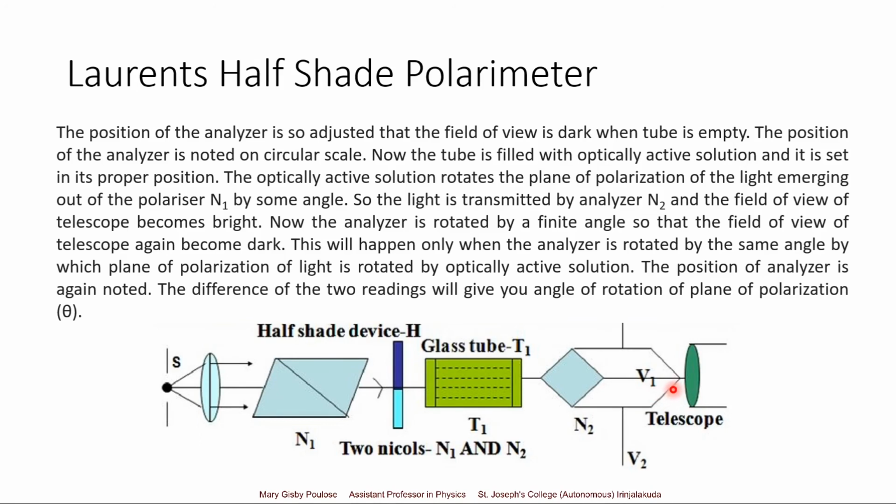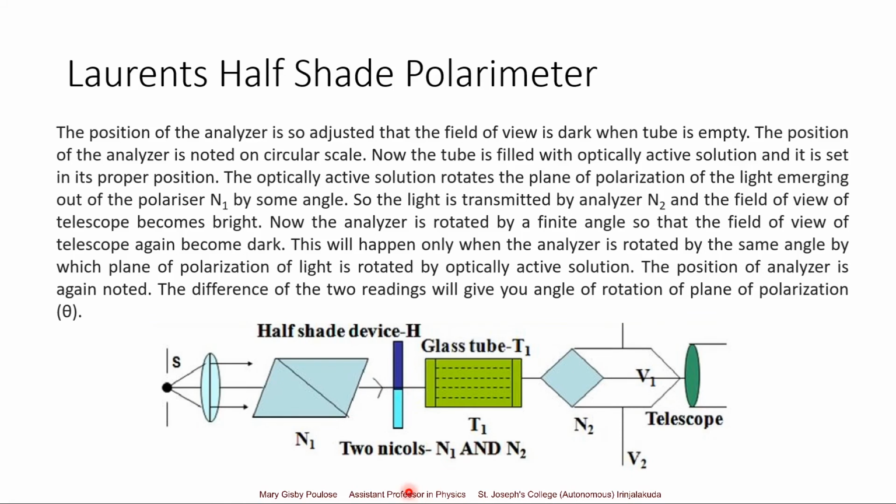But after filling the glass tube with this solution, we see that the solution has rotated the plane of polarization of the incoming light, and hence light through the analyzer will now be bright. Now the analyzer is again rotated by a certain angle theta so that it becomes dark again. This angle is noted, and the difference between the earlier angle and this angle will give the angle of rotation of plane of polarization, theta.